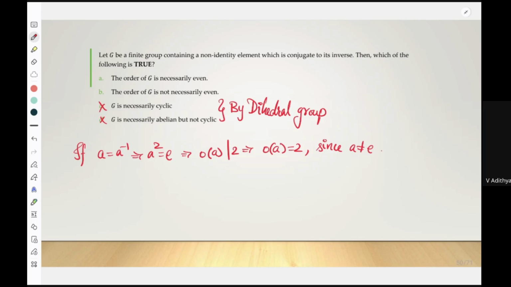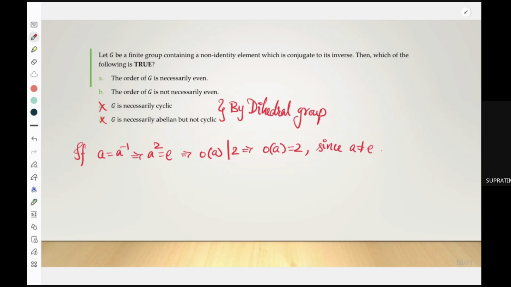So A is definitely conjugate to itself, and so conjugate to its inverse. So if your group has an element of order 2, you have a non-identity element which is conjugate to its inverse. There is an element in the dihedral group generated by a reflection, and it is not abelian. That is why parts C and D go.